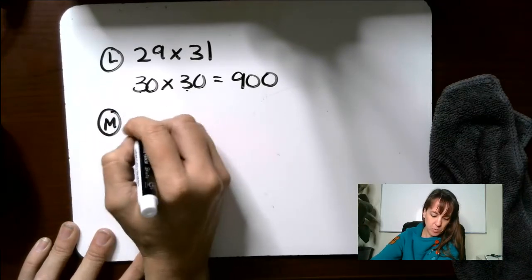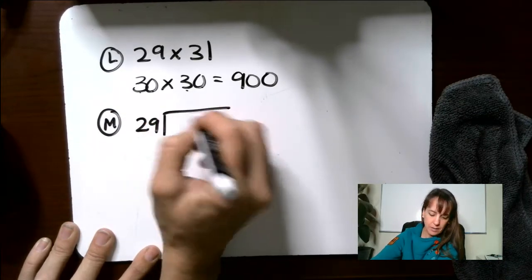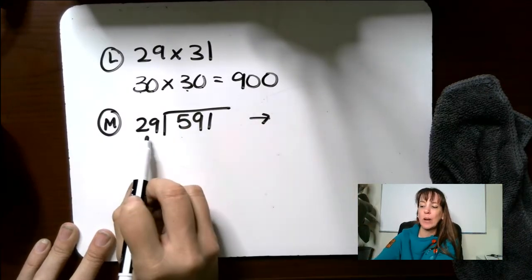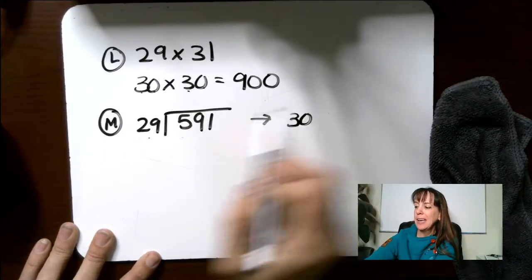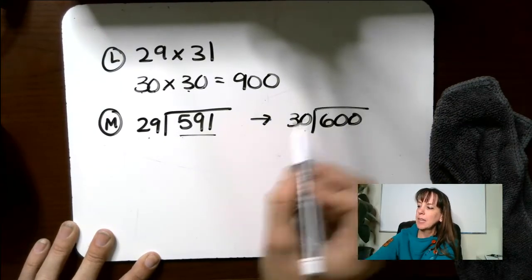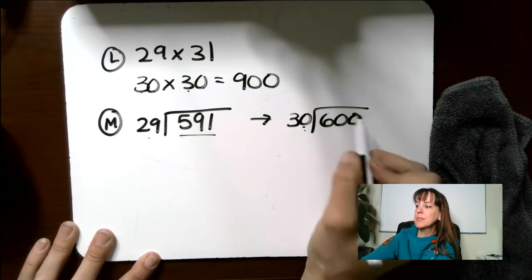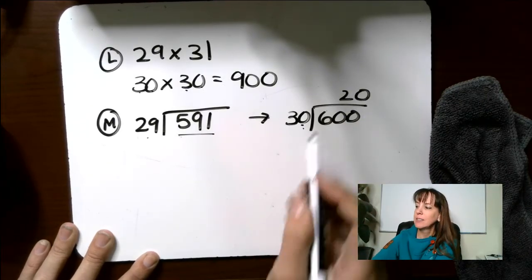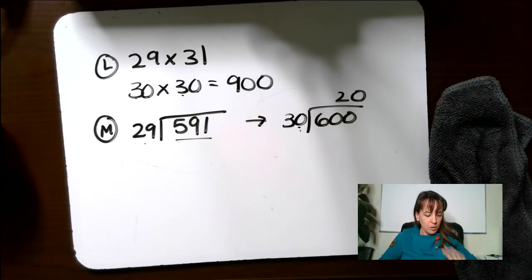M, we have 591 divided by 29. I would change this to, let's round this guy to 30, and let's round this one up to 600, right? Makes it a lot easier. 30 times 20 will give us 600. Okay, so if you have any questions on those, let me know.